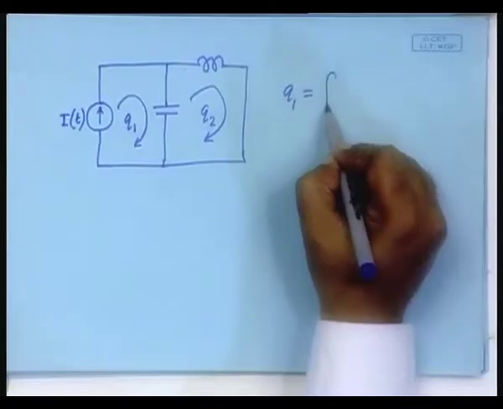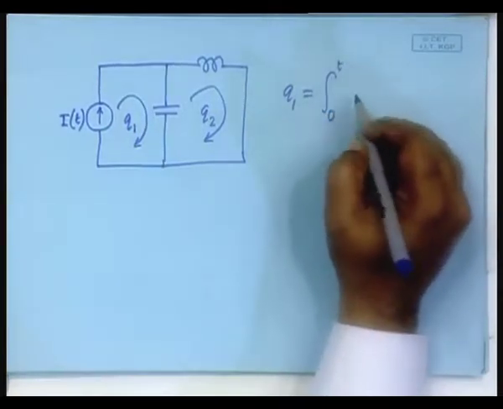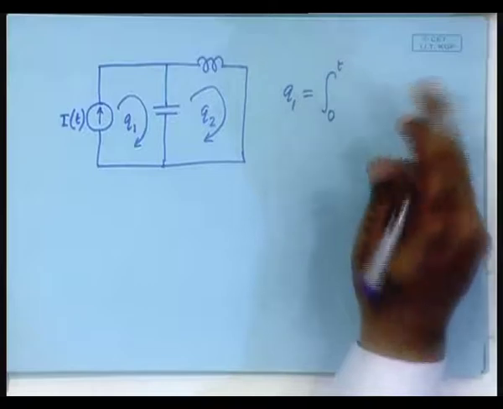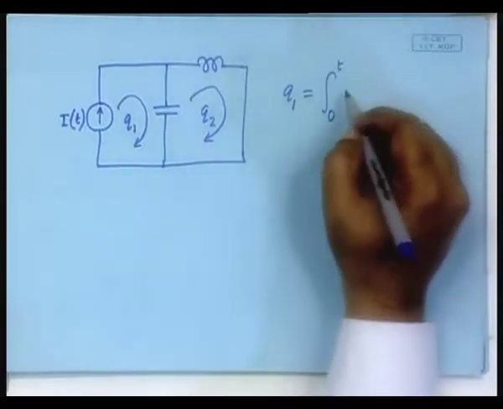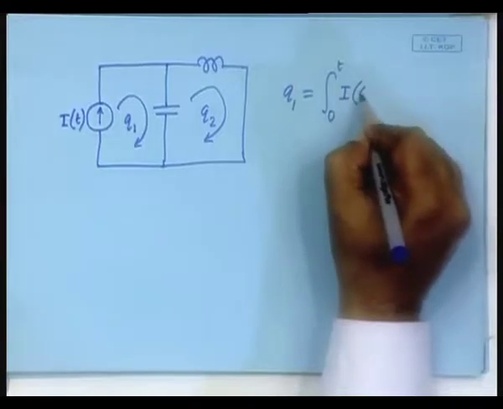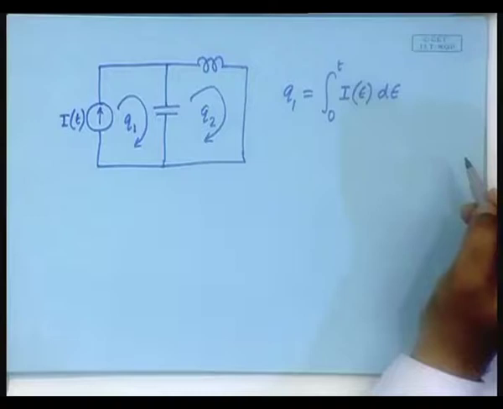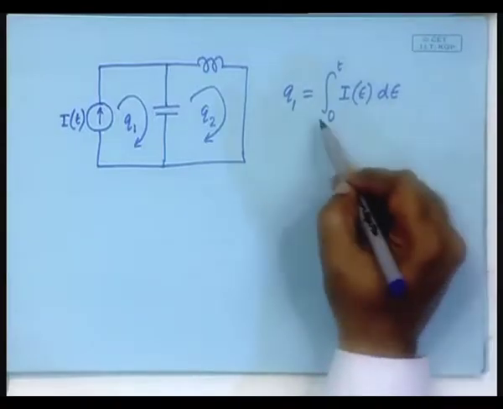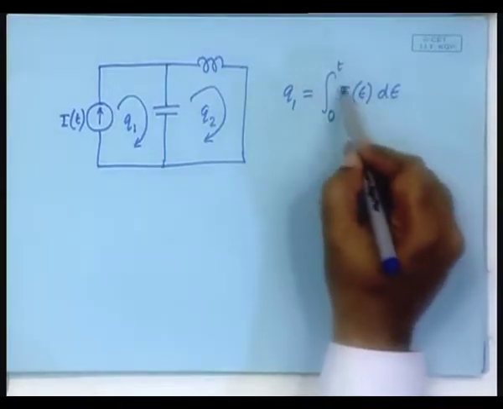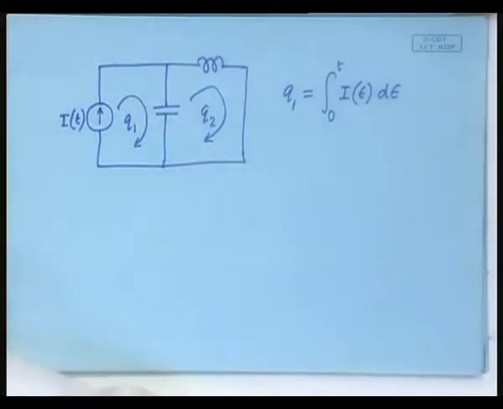So, it will be the integral from 0 to t. We will have to define some other variable, because here I am writing t. It will be I of epsilon d epsilon. Starting from 0 to now, whatever current has flown, that is the total Q1.